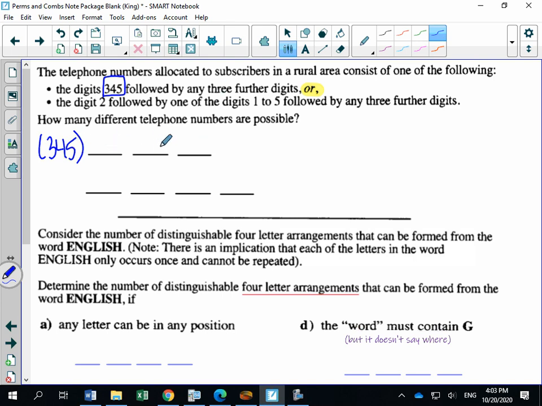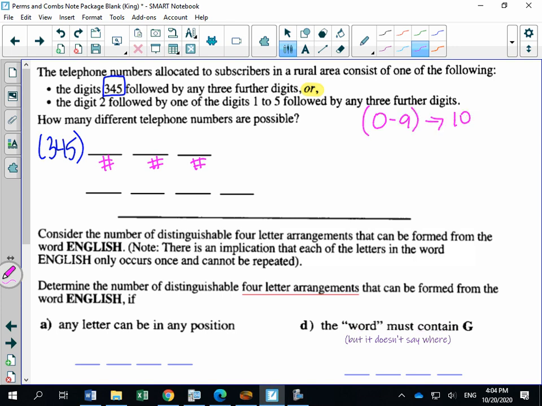So we're going to have 3 stages. For this one, they don't give me any restrictions. So when I have 3, 4, 5 here, then these digits here have no restrictions. So you say to yourself, okay, with no restrictions, I have a number, a number, and a number. And we know that the digits are 0 to 9.